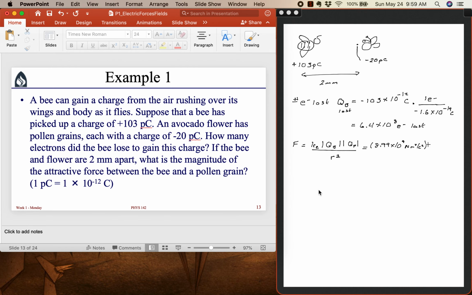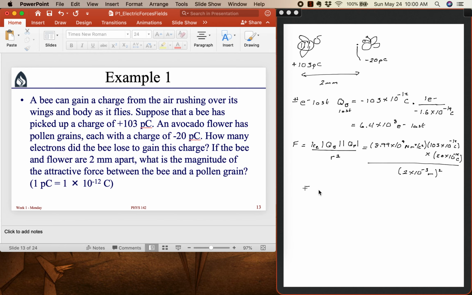The amount of charge on the bee is 103 times 10 to the minus 12 coulombs, and then we multiply that by the amount of charge for the pollen, which is 20 times 10 to the minus 12 coulombs, and then divide the whole thing by the distance between the bee and the pollen, which is 2 millimeters, or 2 times 10 to the minus third meters, and then that gets squared.